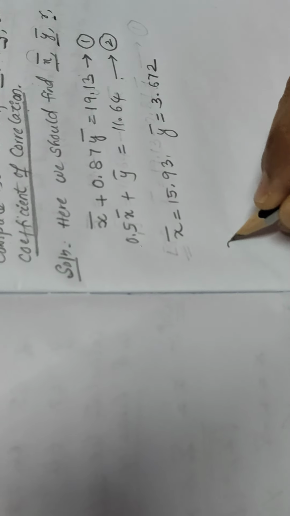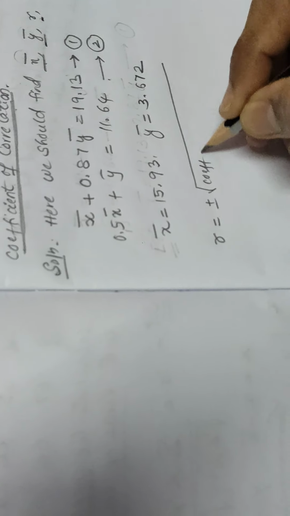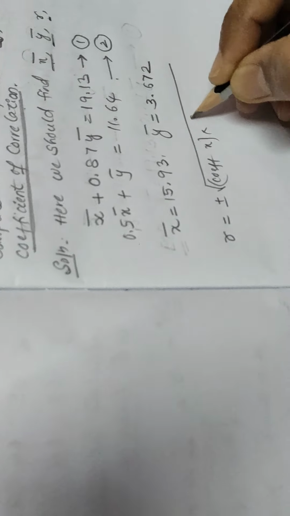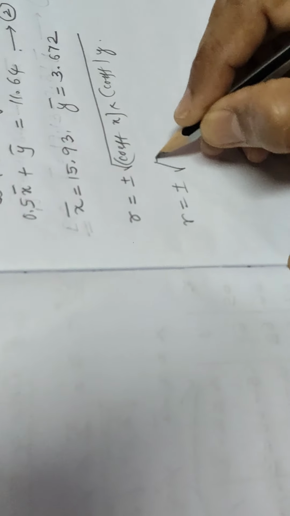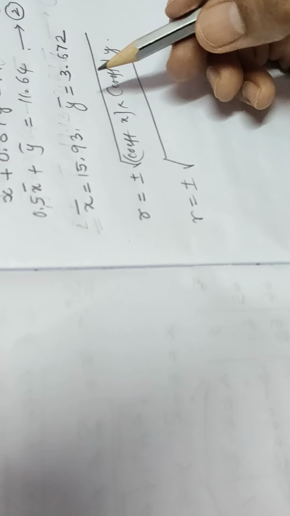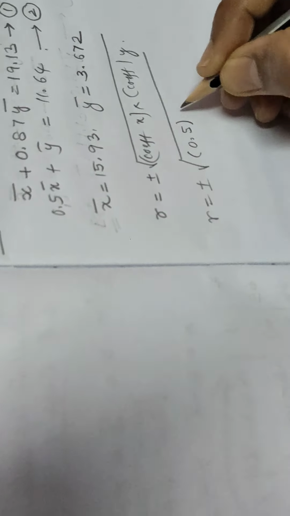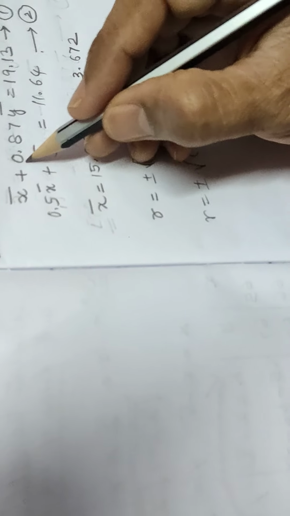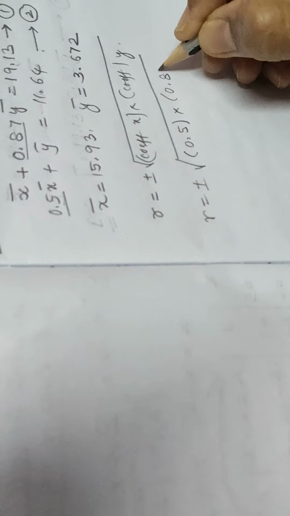We have discussed in the last class that r is equal to plus or minus the square root of the coefficient of x into the coefficient of y. So r is equal to plus or minus the square root of the coefficient of x in the second equation, that is 0.5, into the coefficient of y in the first equation, that is 0.87.